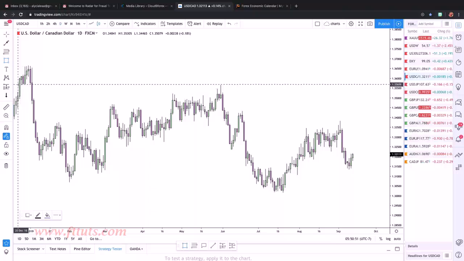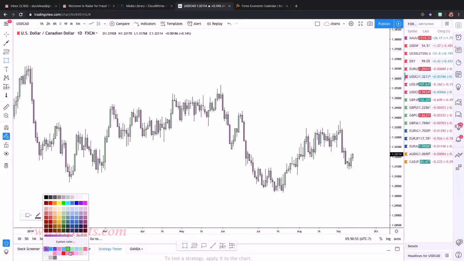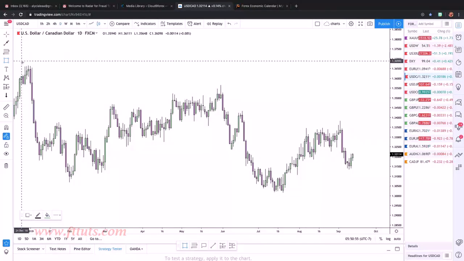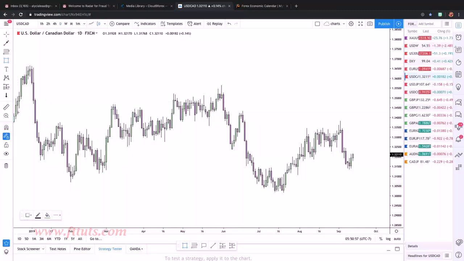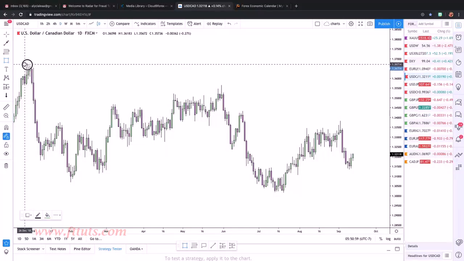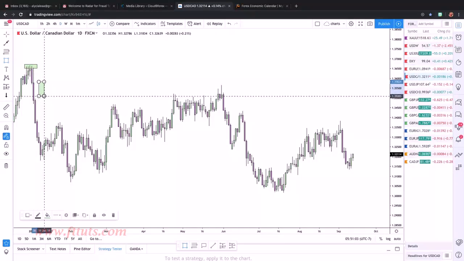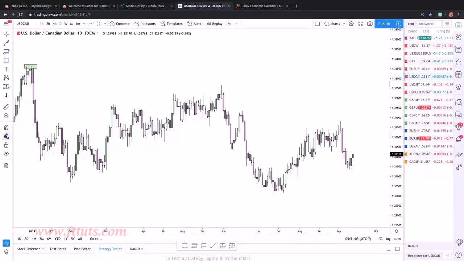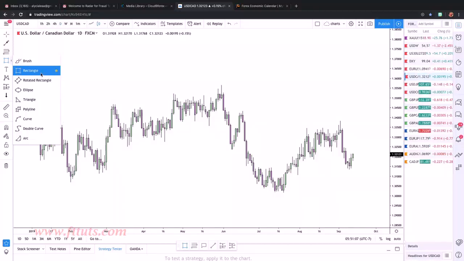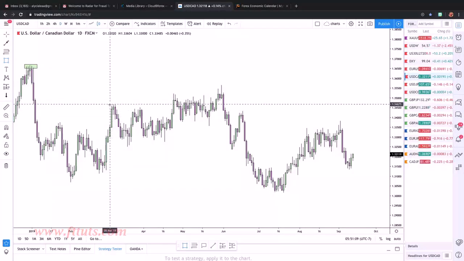So we're gonna mark up our resistance zone, so where price failed to move higher in the market. So price was bullish, came up, tested this level, and fell down. Okay, so our next resistance zone is right here.